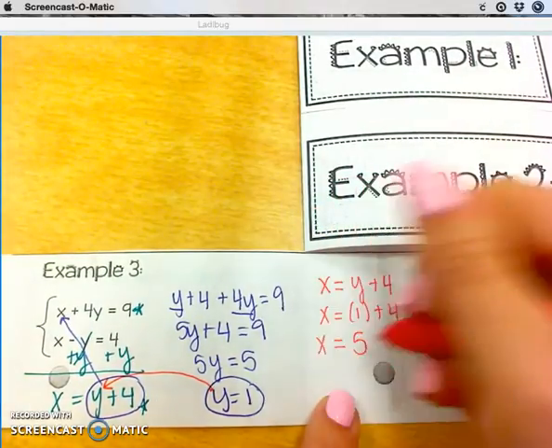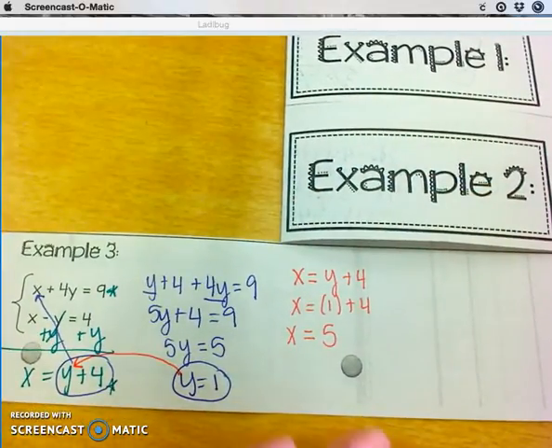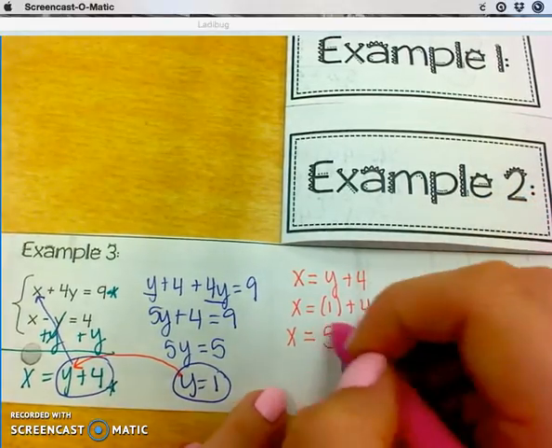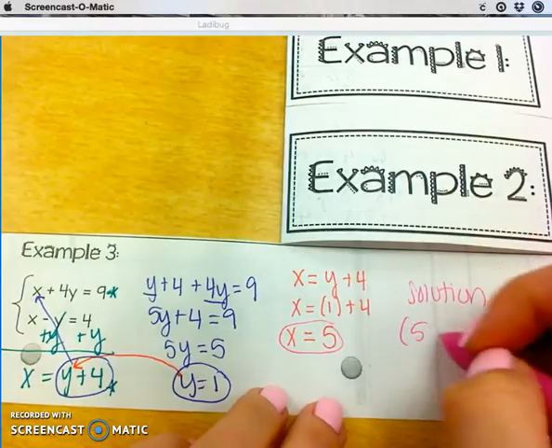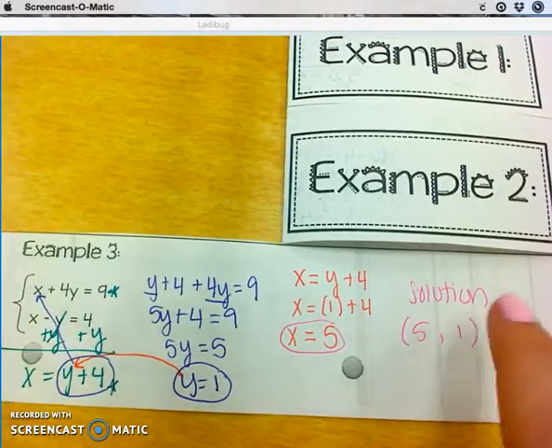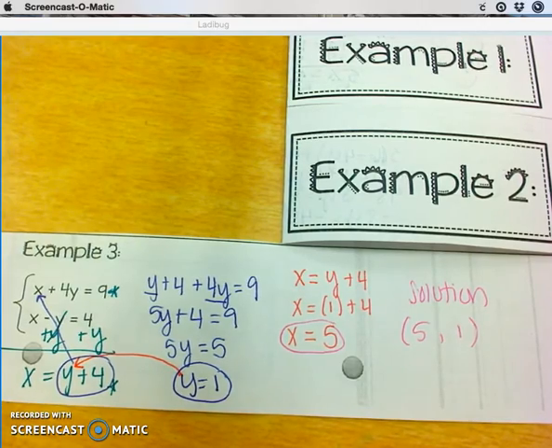So x equals 5. So my solution, my x is 5, my y is 1. That is the ordered pair solution. That is where my two lines will cross each other. That's where they will intersect.